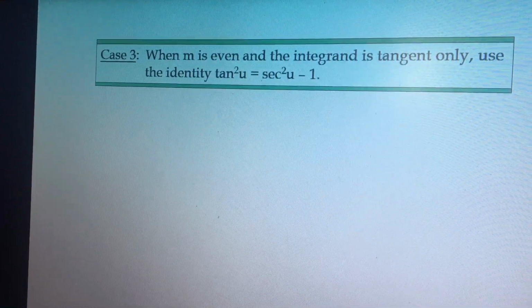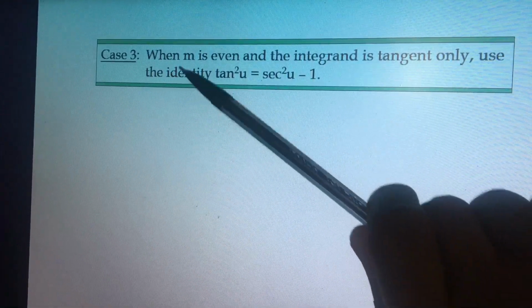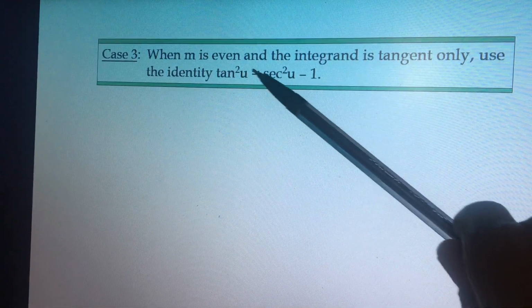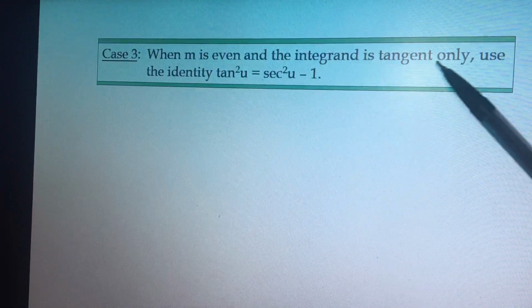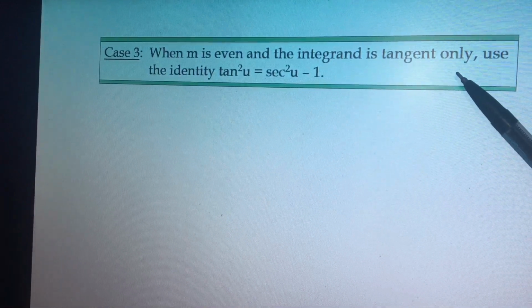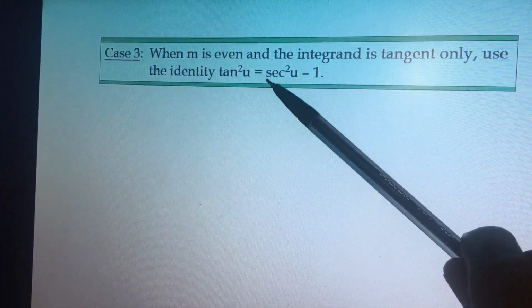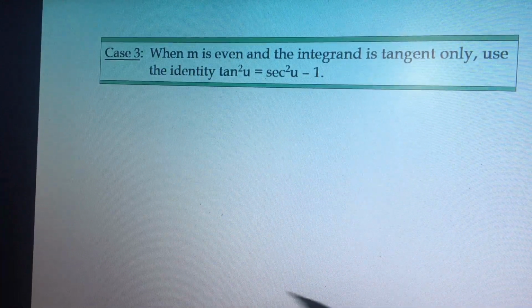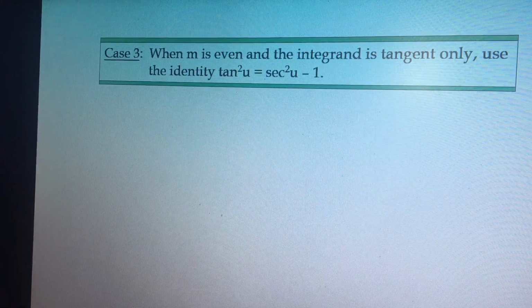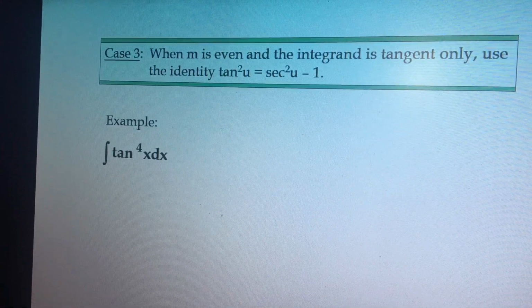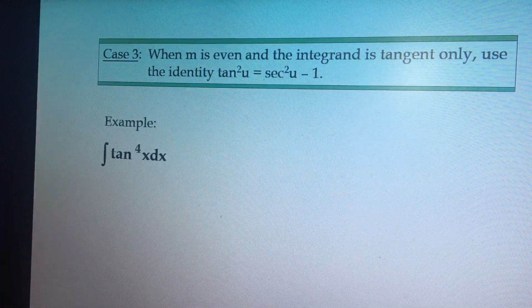So for case 3, where m is even and the integrand is tangent only, you just use the identity tangent squared u equals secant squared u minus 1. For example, if you're given this, how will we solve this one?